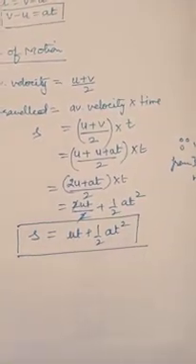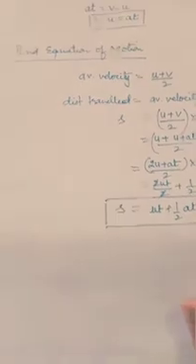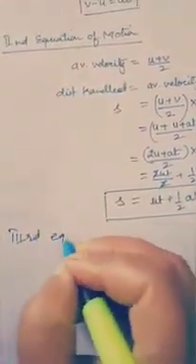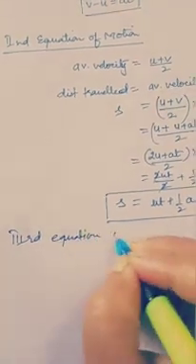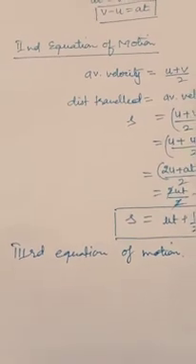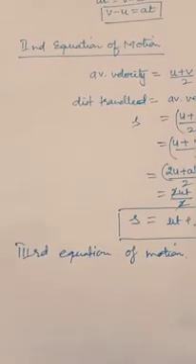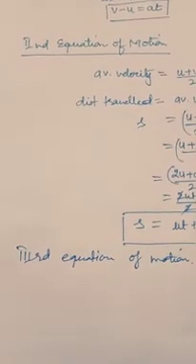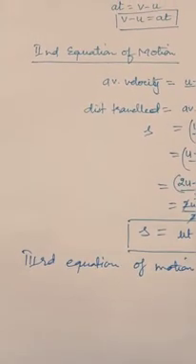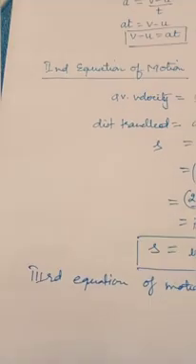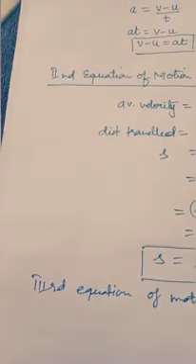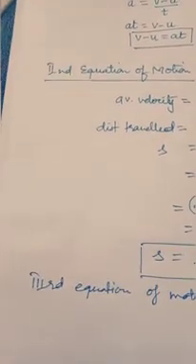Now coming to the third equation of motion. Again the same thing for the third equation of motion. You will write, let a body be moving with initial velocity u with a uniform acceleration a such that it covers a distance s, and the final velocity is v.